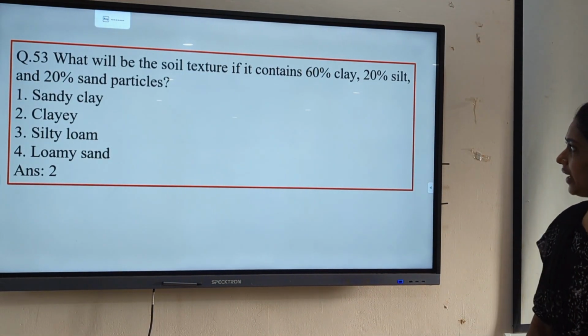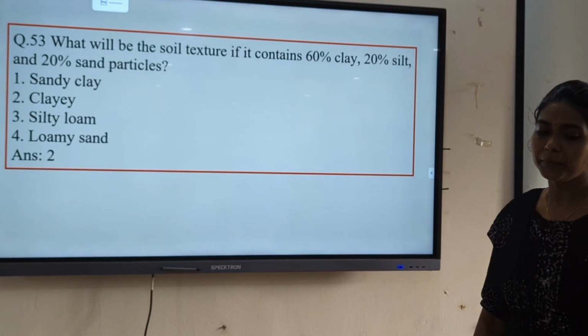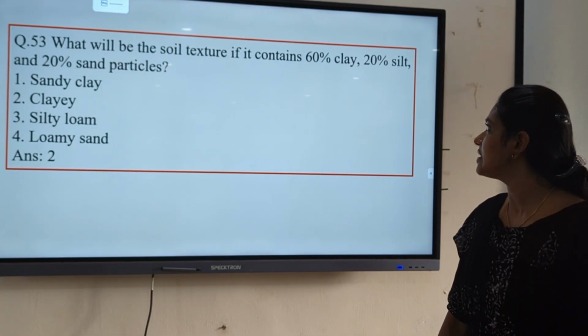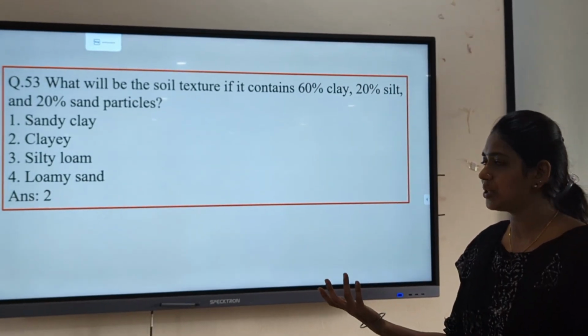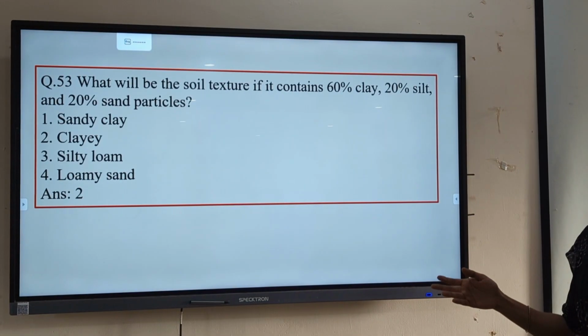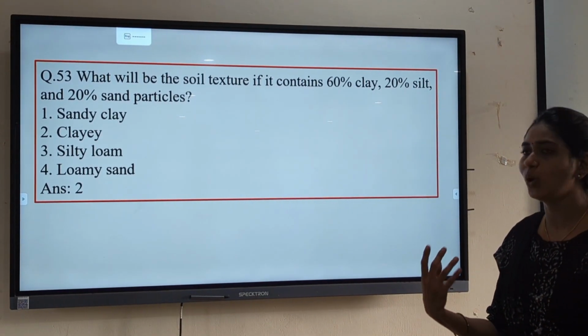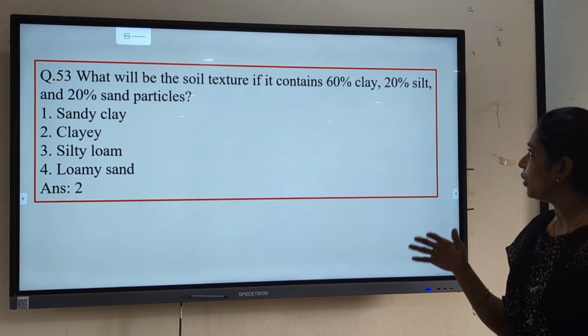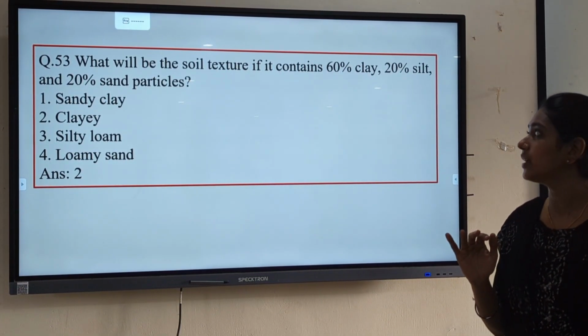Now, what will be the soil texture if it contains 60% clay, 20% silt and 20% sand particles? Normally, to find the soil texture, we go through the soil texture triangle. But in such questions, even without the help of the soil texture triangle, we will be able to assess what the texture is. How? We know that if a soil has to be sandy, at least a minimum of 70% sand content should be there.